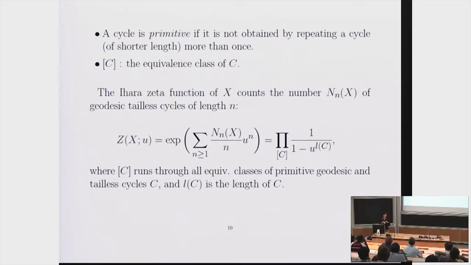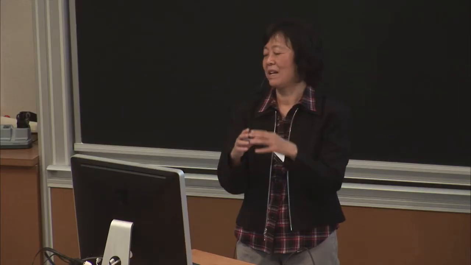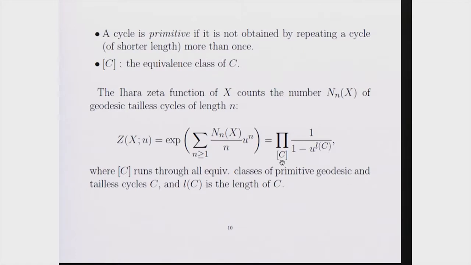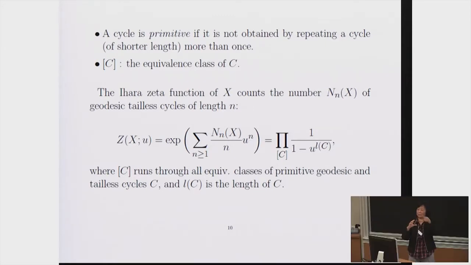A cycle is primitive if it is not obtained from another cycle by circling it more than one round. And equivalent means that if I shift the starting point, that's regarded as equivalent. So when I look at the equivalence class, I really look at the shape, but including orientation. If it's the opposite orientation, it's another one.